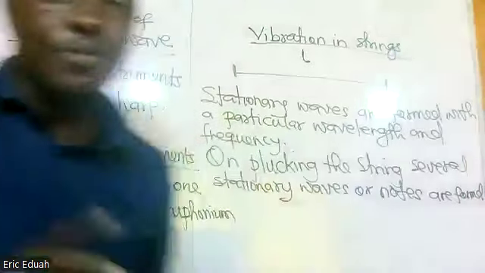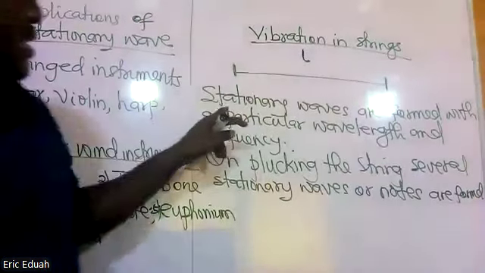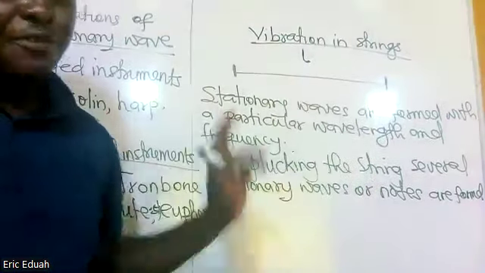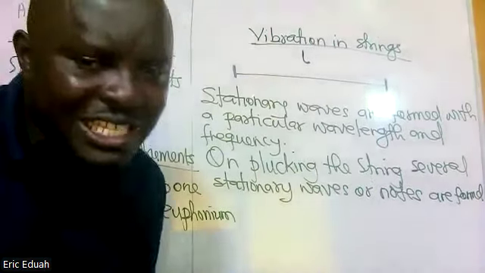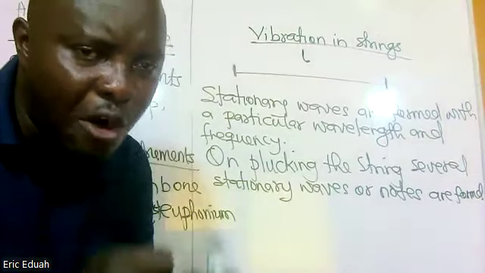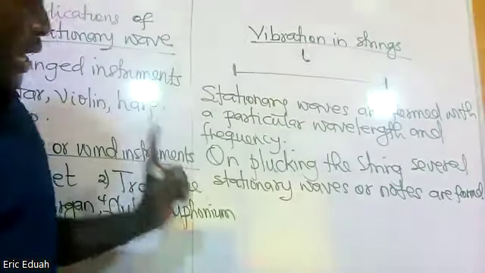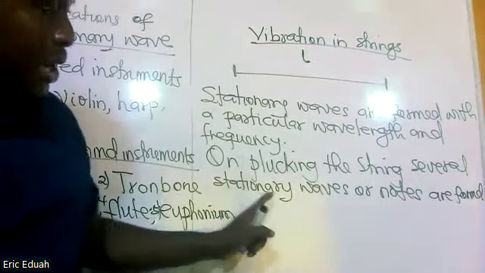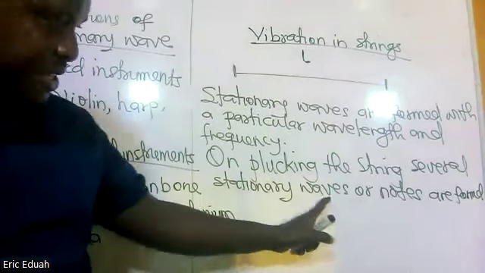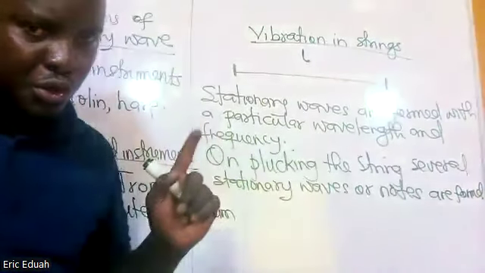Okay. So stationary waves are formed with a particular wavelength and frequency, meaning that there are special wavelength and frequency which forms stationary waves. Then two, on plucking the string, several stationary waves or notes are produced.